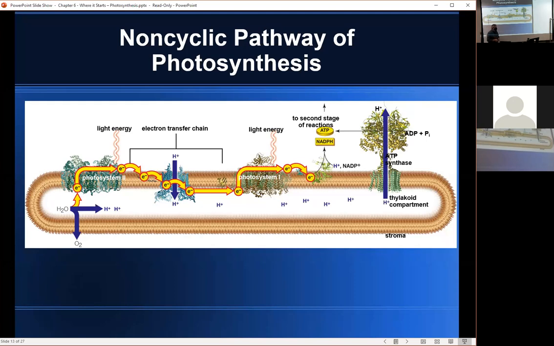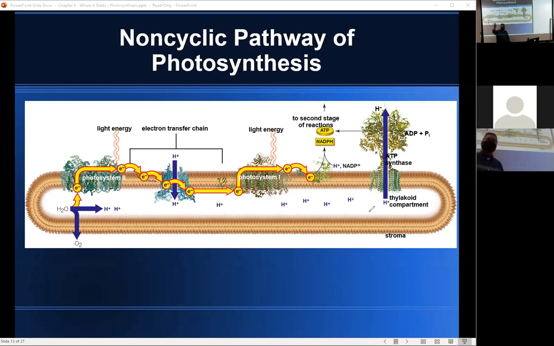On Friday, we started talking about the light-dependent reactions. I realize that these are kind of complex, which is why I said I'm going to take it slow and repeat myself an awful lot. What we're looking at is the inside of a chloroplast. Remember, the chloroplasts have 3 membranes.